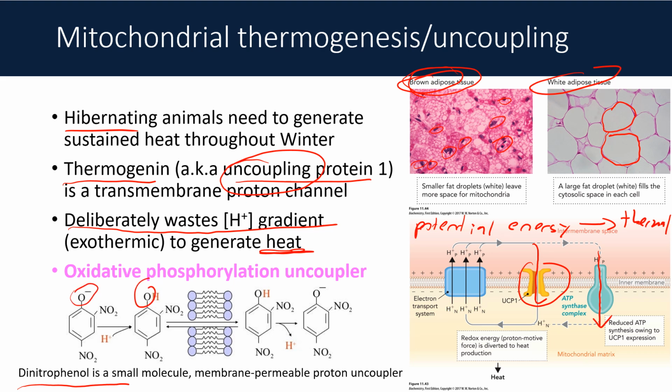And it's able to just drag the protons down into the matrix side. Just simple diffusion. And this is a poison that's also going to make the activity of the pumps futile and convert the potential energy of the electrochemical gradients again into heat.